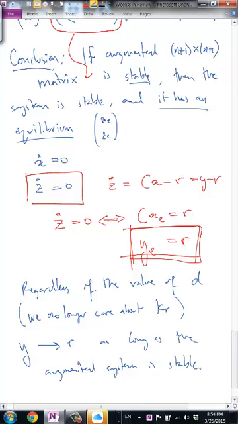And there is some homework that works on this, that gives you some practice with this problem.